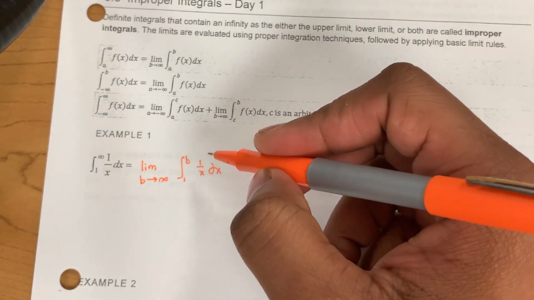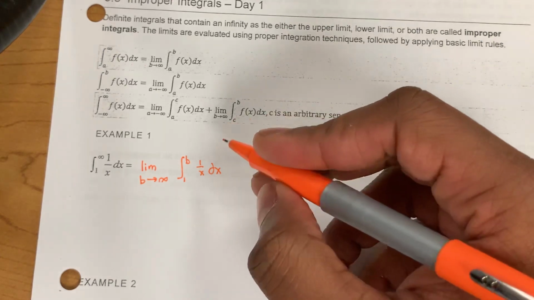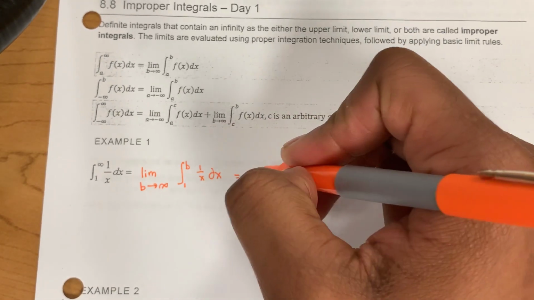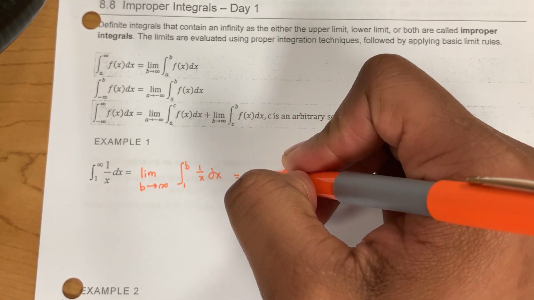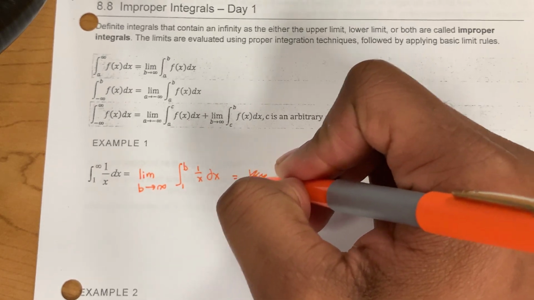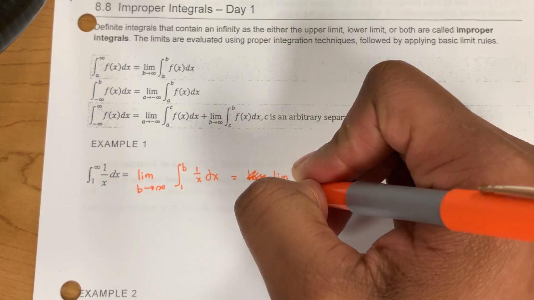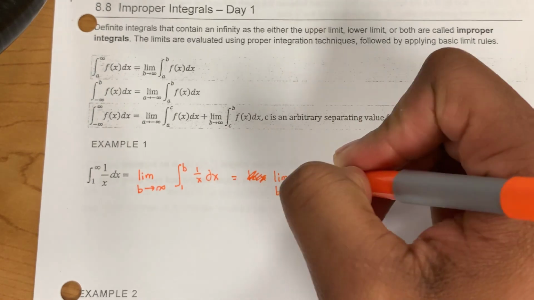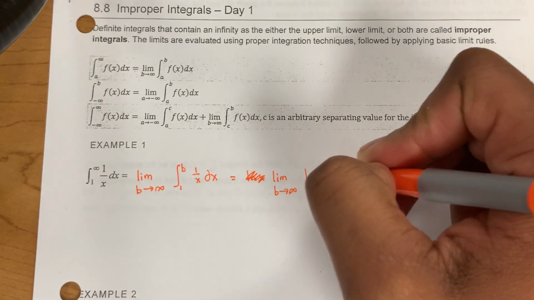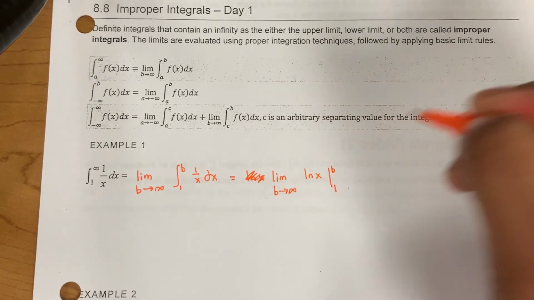If we integrate 1 over x, we know that is the natural logarithm of x. So we would get the limit as b approaches infinity of the ln of x evaluated from 1 to b.